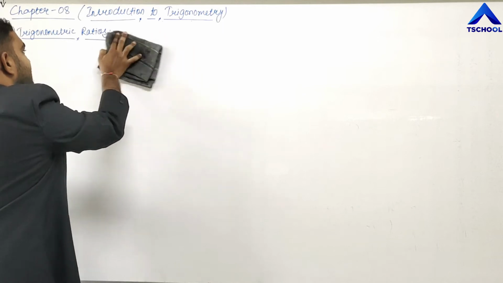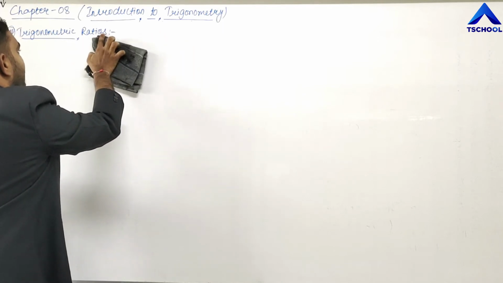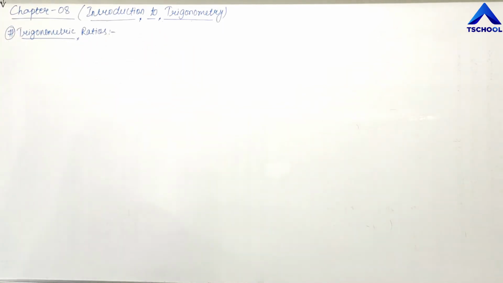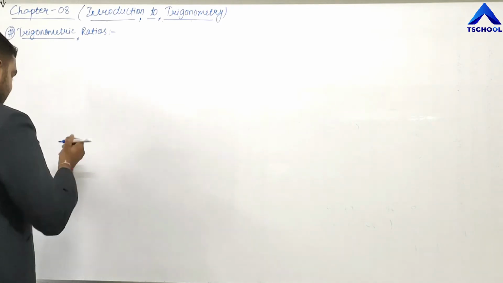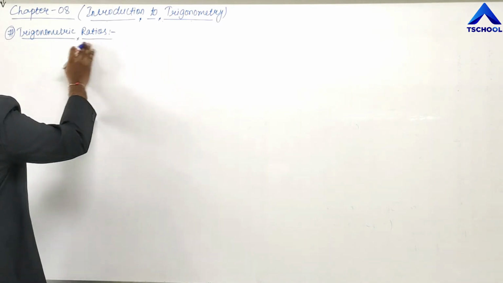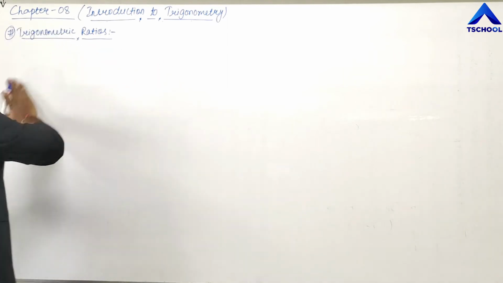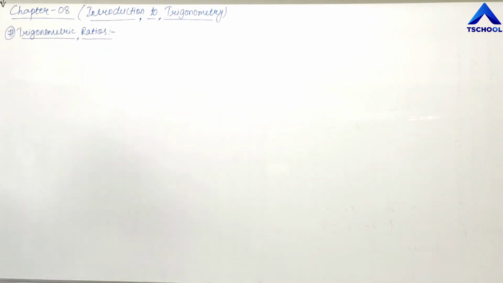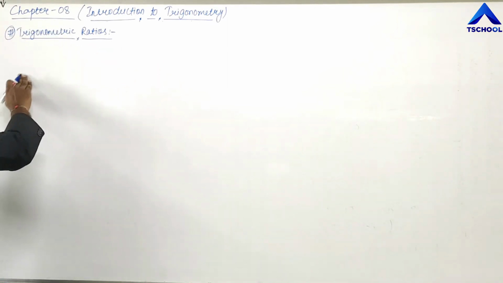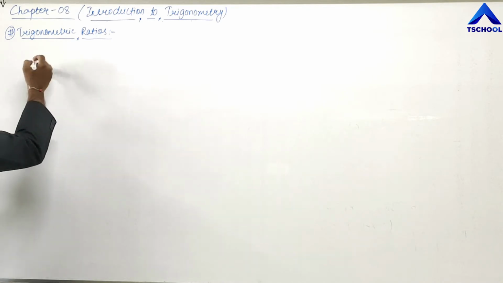Now friends, in this topic, trigonometric ratios, let us see what things are included. So first of all, friends, I would like to draw a right angle triangle here. A right angle triangle ABC.